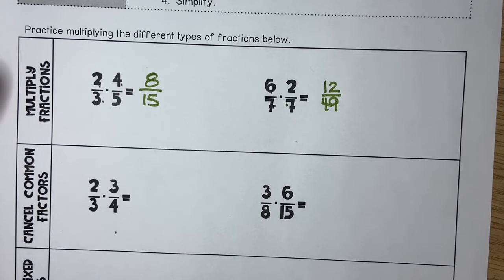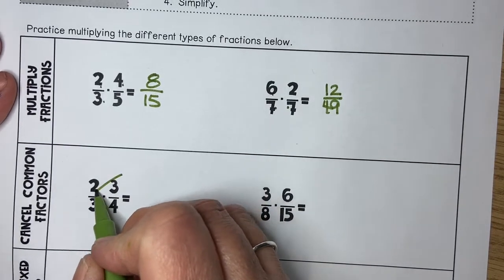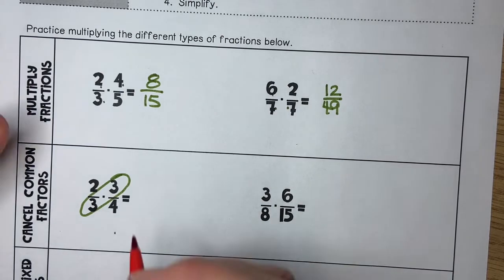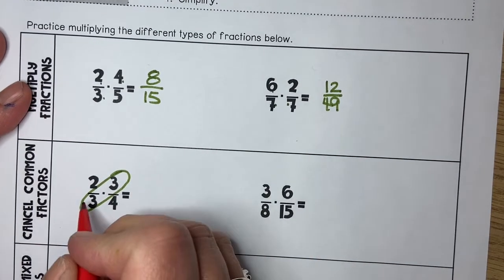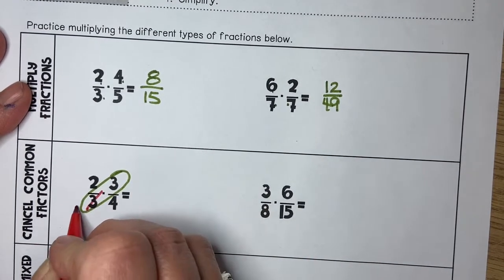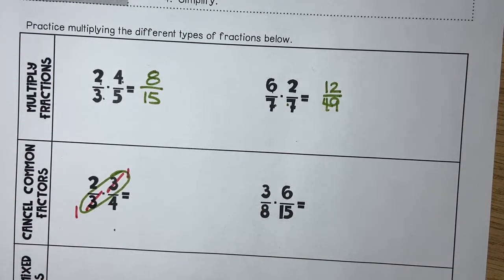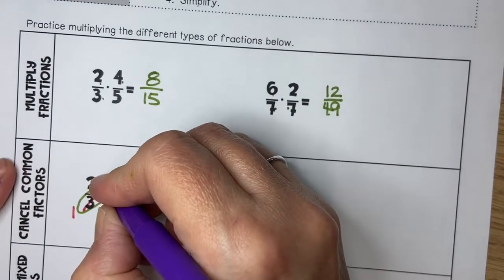Okay, here's what I'm talking about when I say cross-cancel common factors, or cross-reduce, whatever you want to call it. I look at these two numbers. Is there a number that can go into 3 and 3 evenly? Well, 3 can, so I divide by that number. 3 divided by 3 is 1. 3 divided by 3 is 1. Then I'm going to look at my other two numbers.